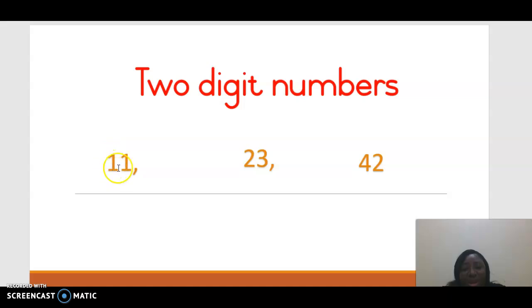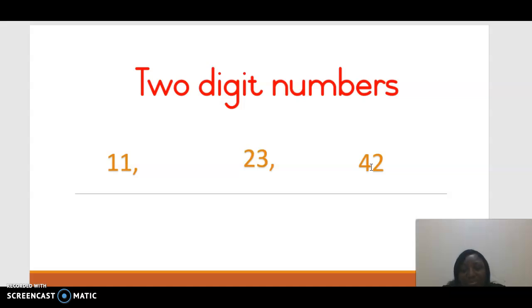Over here, there is 1 and 1, which makes the number 11. There is 2 and 3, which makes the number 23. There is 4 and 2, which makes the number 42. So when we talk about two-digit numbers, all we're trying to explain is numbers that are not standing alone, numbers that have got a friend, numbers that have got a partner.